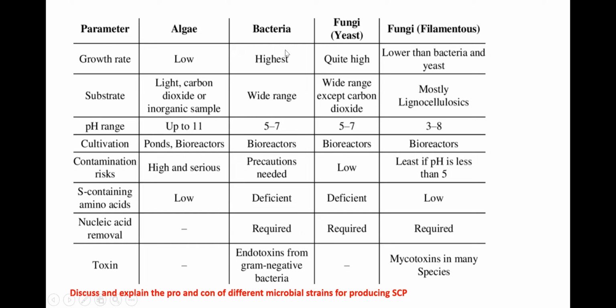Also, bacteria will suffer the problem of endotoxin, especially gram-negative bacteria, which have a high level of endotoxin from the intracellular compartment. As for the filamentous fungi, which have a hairy structure, mycotoxins will also exist, so this will need extra purification.